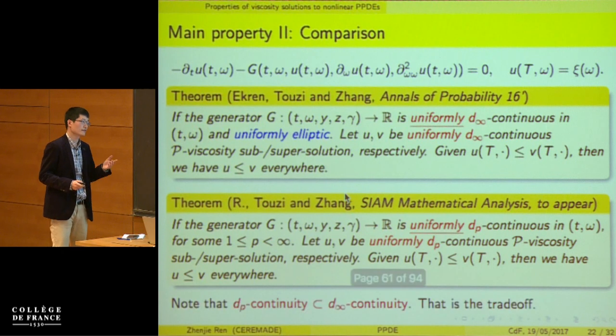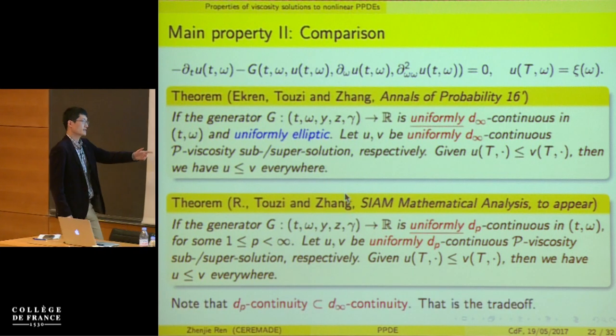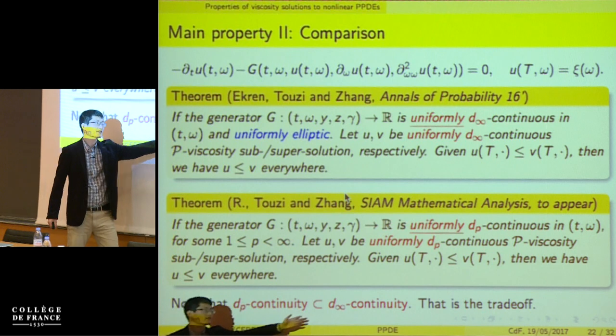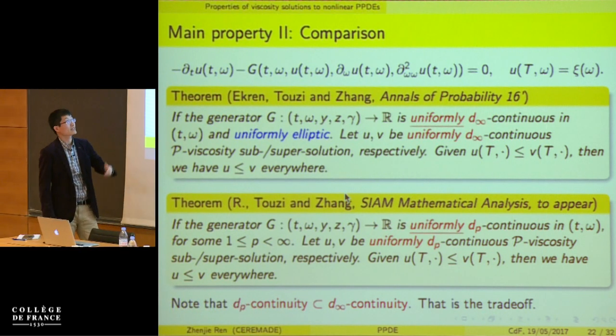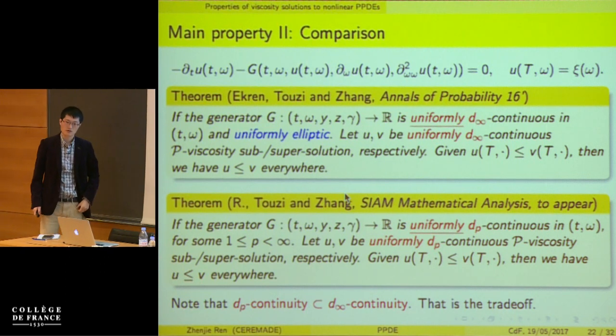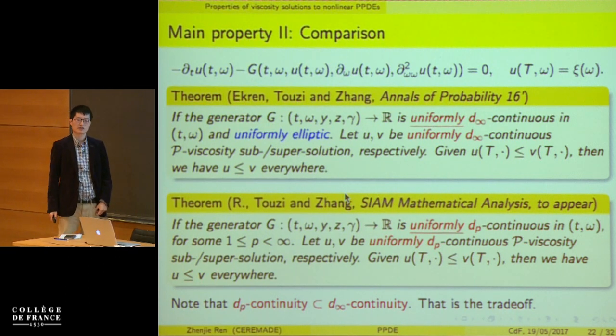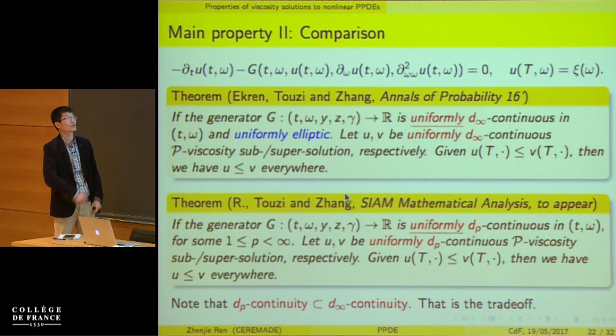This is the trade-off. The dp continuity is stronger than d infinity continuity, but we get a comparison with less condition on the generator G. That's a comparison between those two results.